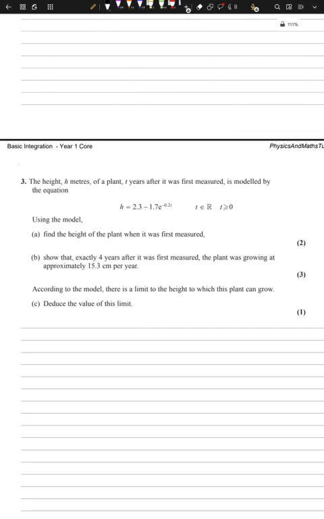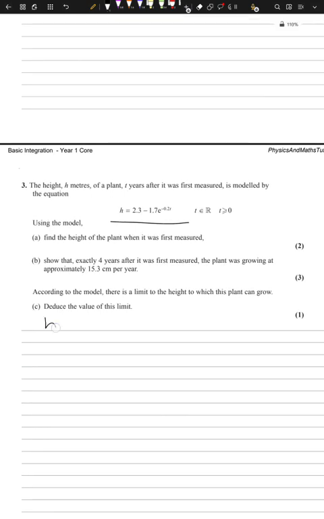The height of a plant t years after it was first measured is modeled by this equation right here. Using this model, find the height of the plant when it was first measured. When it was first measured would mean the time is 0, right? And e to the power of 0 is 1. So the height becomes 2.3 minus 1.7 e to the power of negative 0.2 into the time, which is 0.